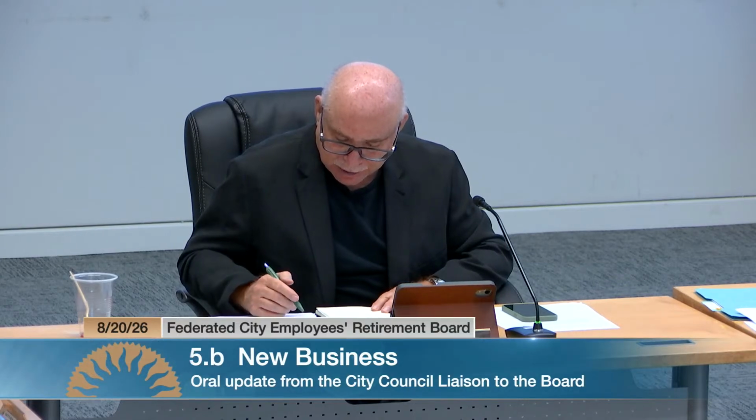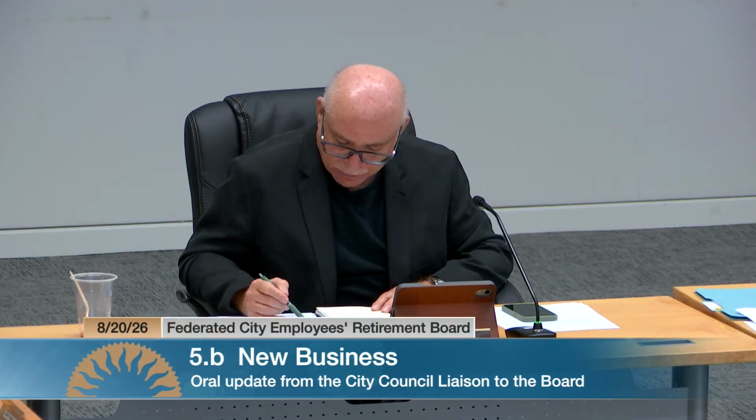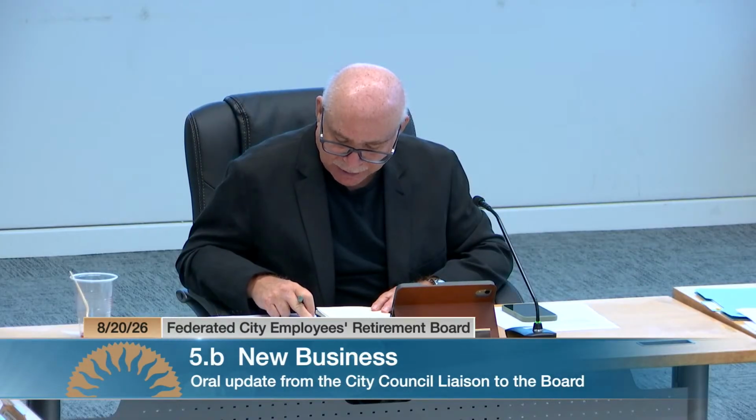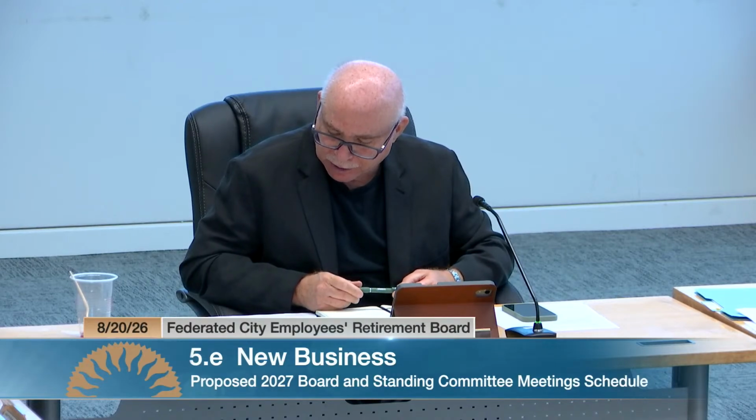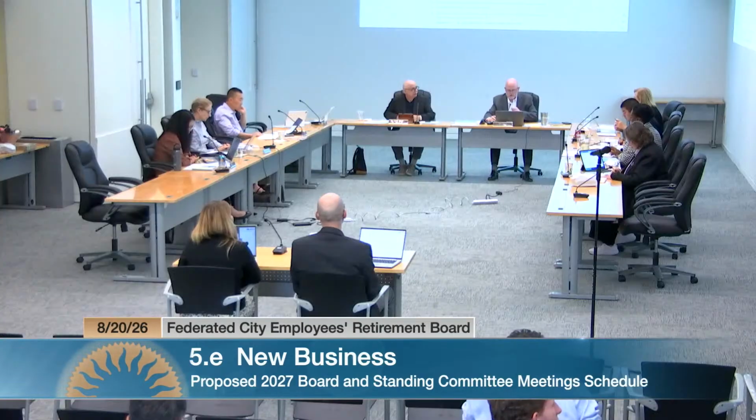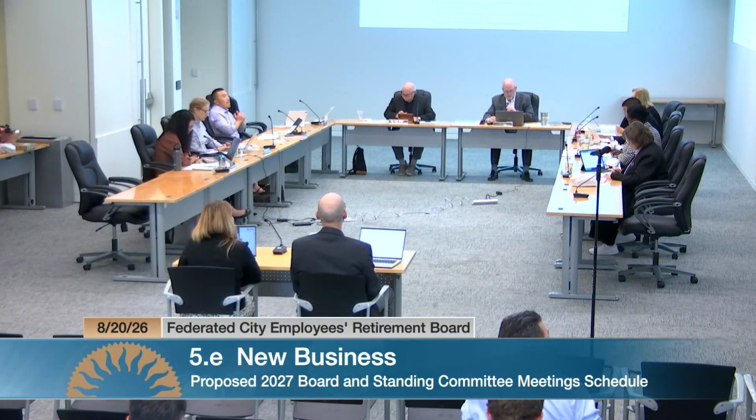So the immediate next items, 5C and D, we've actually already completed, and we are up to item 5E, discussion and action on proposed board and standing committee meeting dates for 2027. I'll give a quick intro. Standard in August, we bring forth the proposed next calendar year schedule. All of the board meetings fall in the normal cadence.